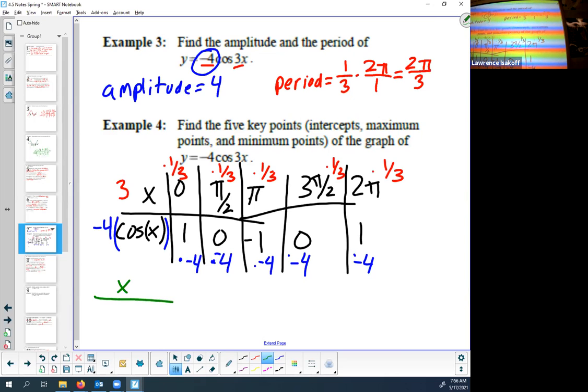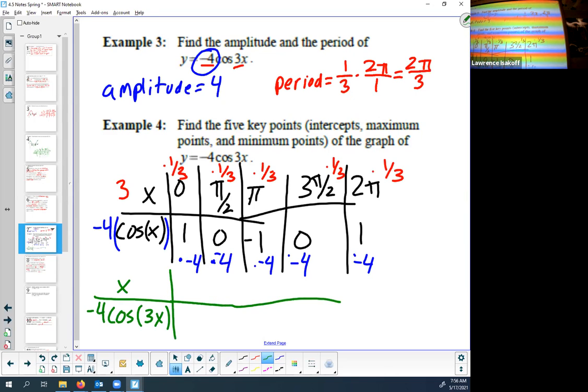So if I know I have x times -4 cosine of 3x, here's how it looks now. 0 times 1/3, 0. 1 times -4, -4. This is going to be pi over 6, comma 0. This will be pi over 3, comma 4.